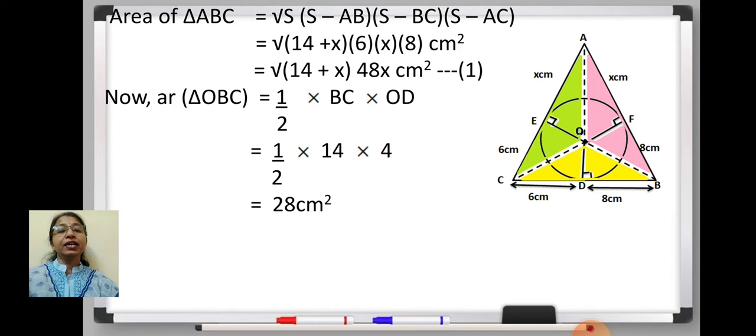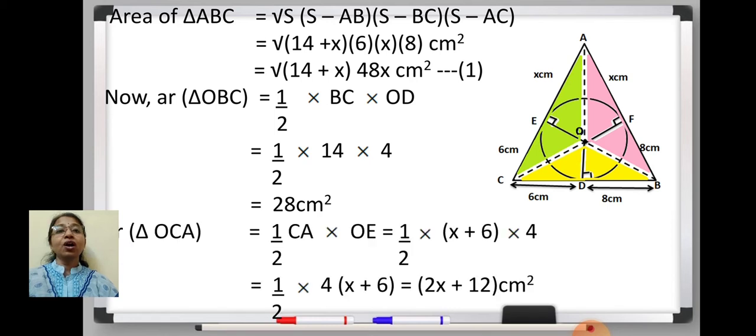First of all, the area of triangle OBC, which is that triangle shown by yellow color: O, B and C. What is the formula for the area of any triangle? Half into base into height. So half into base. Base is BC.